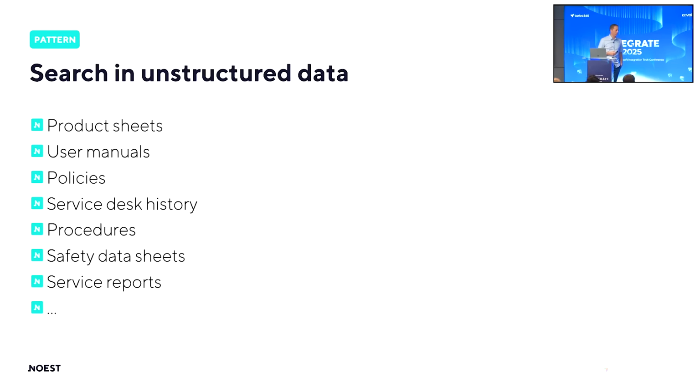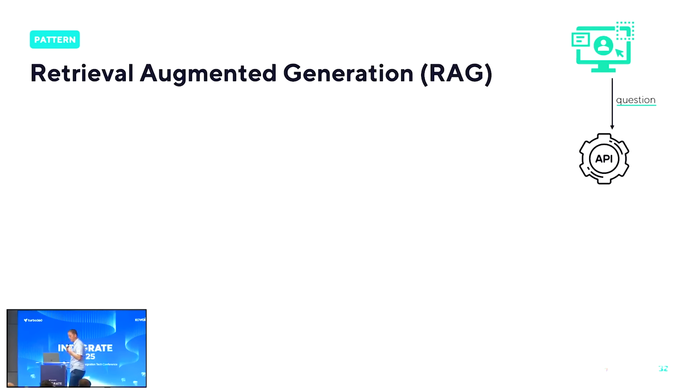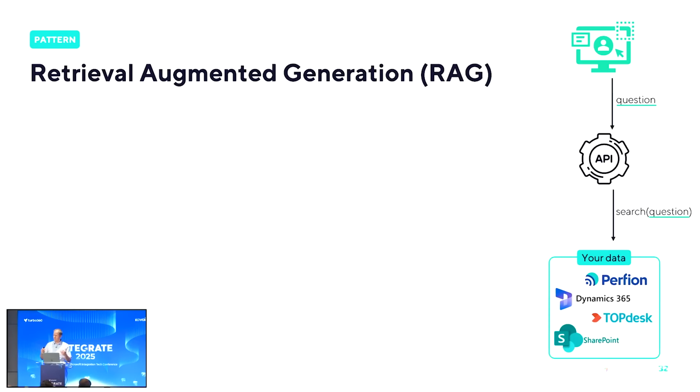That's the RAG pattern, the Retrieval Augmented Generation pattern. How does it work? You have, again, a chatbot, an application, an interface, whatever, that sends a question to your API. Your API will search in the systems you want to have available with that question. So we will find relevant information with that question. You can choose to select the top 5, the top 10, the top 15 results to be returned.